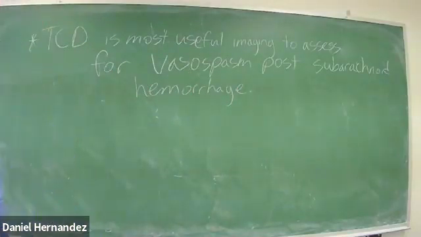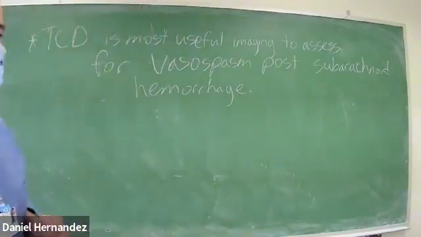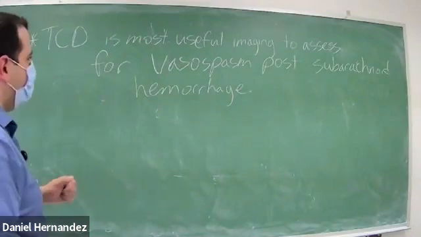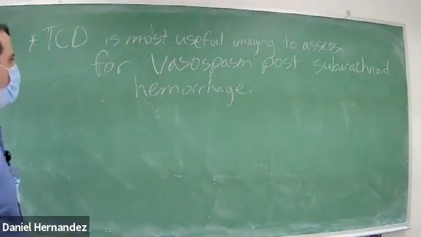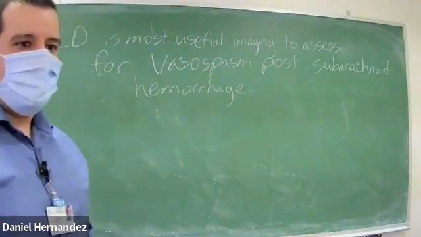So when they do transcranial Dopplers in the hospital, one of their number one indications is to rule out vasospasm post subarachnoid hemorrhage, post brain bleed.